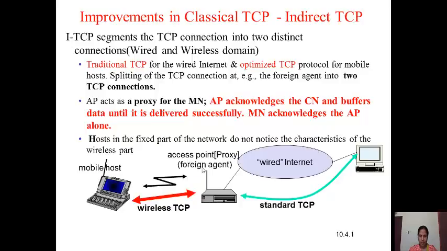The foreign agent can also be called an access point, where in this scenario we can notice that this access point acts as a proxy for the mobile node. So what the access point does here as a proxy is, whenever a packet is transferred from the correspondent node to the mobile node, the access point buffers it and gives an acknowledgement to the correspondent node.